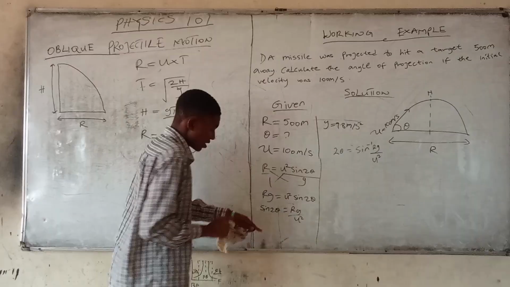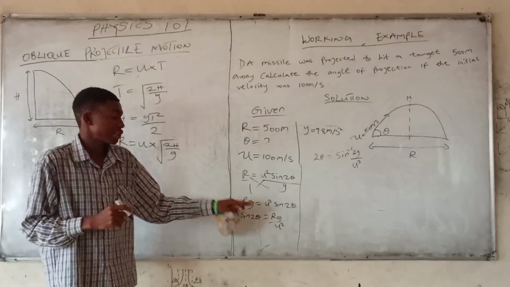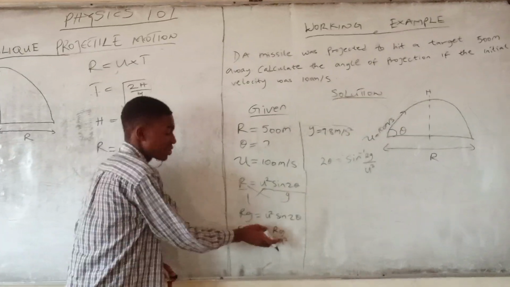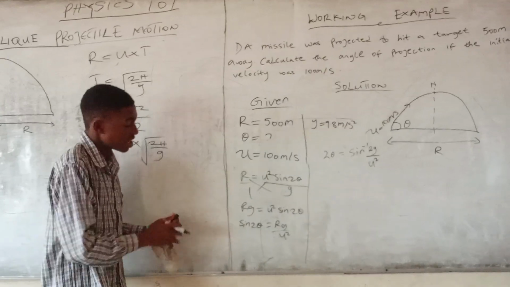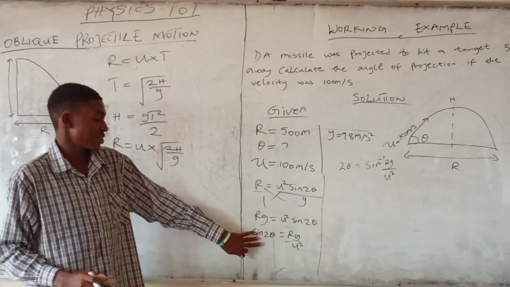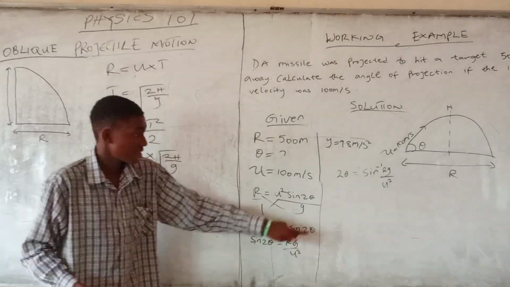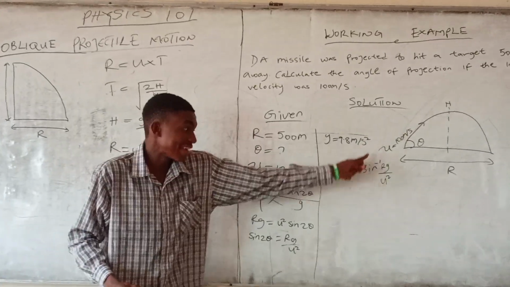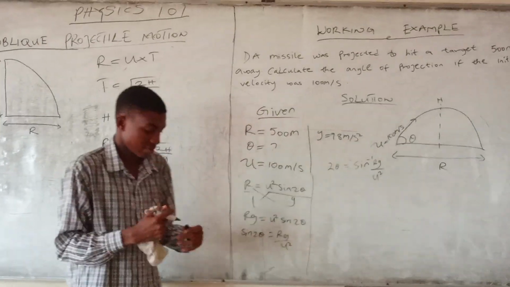There is a sine there, but we're trying to make theta the subject of the formula, so we took the sine to the other side using sine inverse. Sine inverse cancels the sine here, and sine inverse will be here. So that is 2 theta equals sine inverse of R g over u squared.